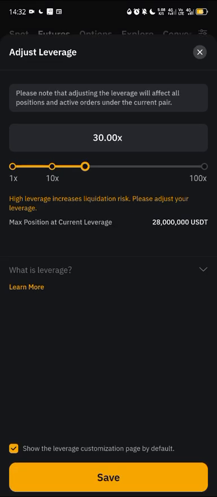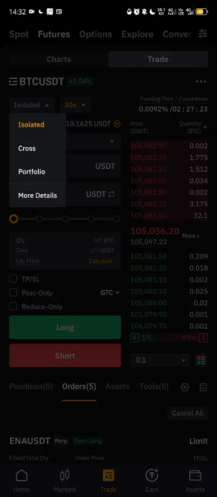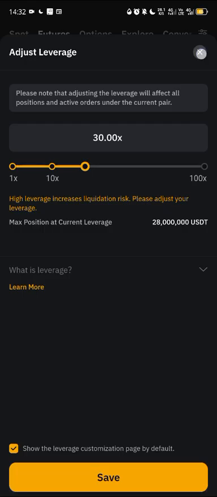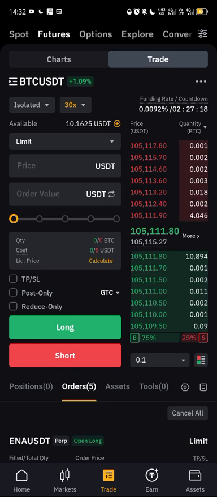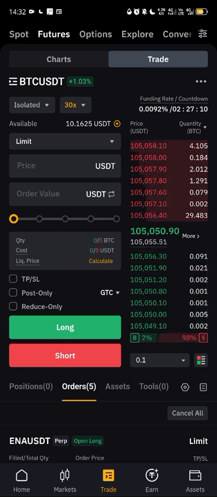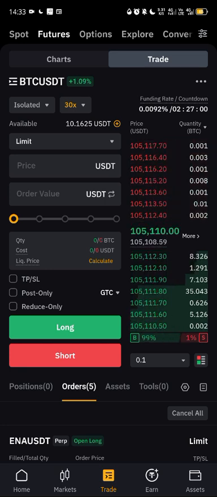Now, under the isolated and cross margin, we have the same method of leverage. But I always tell my students that it's better you use a leverage that can help you manage your risk. If you're using a high leverage, yes, it can give you higher reward, but at the same time, it means higher loss, a huge amount of loss. Imagine, understand what I'm saying?